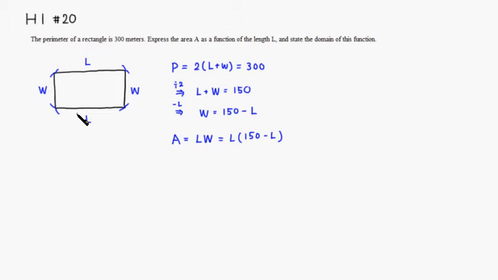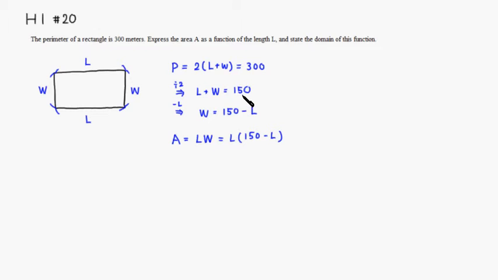Since the perimeter is 300, L cannot be too big. So L is here and L is here. Let's say we make W as small as we can, so it's really close to 0. Then you can see that 2L is equal to 300, so divided by 2, L at the most is 150.